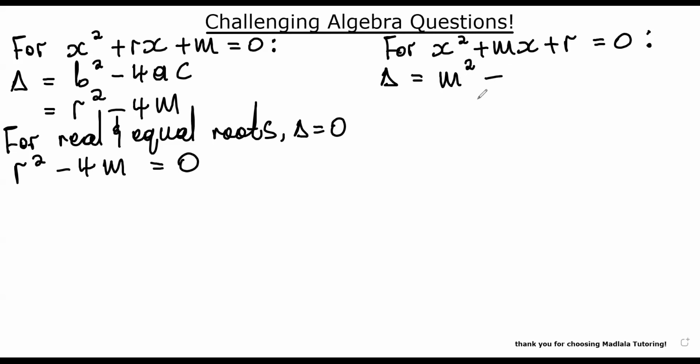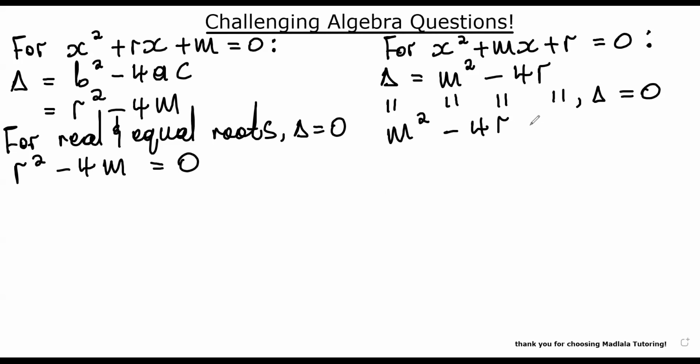So we have m squared minus 4 into a, which is 1, and then we times it by c, which is our r. And once again, for real and equal roots, delta must be equal to 0. So this means m squared minus 4r will simply be equal to 0.